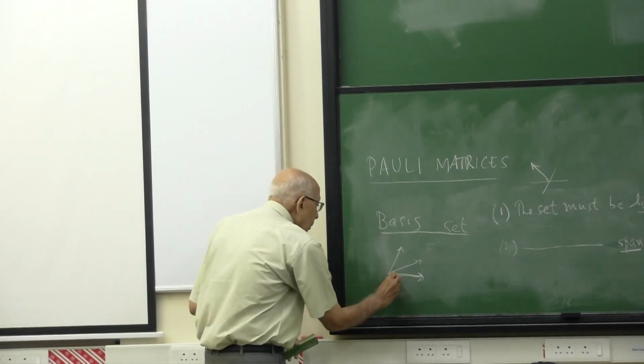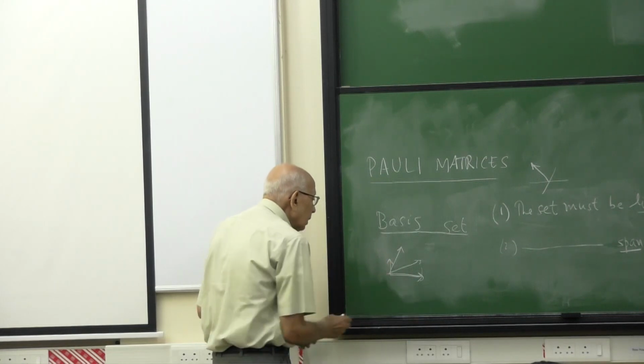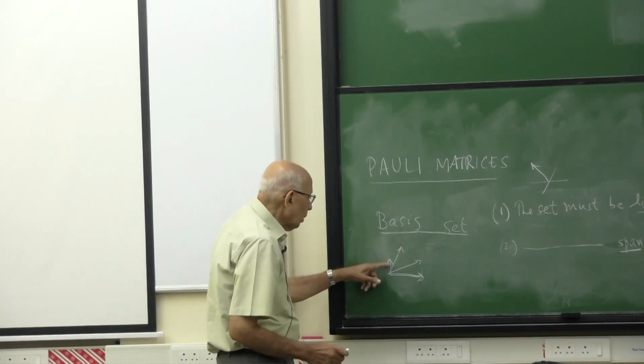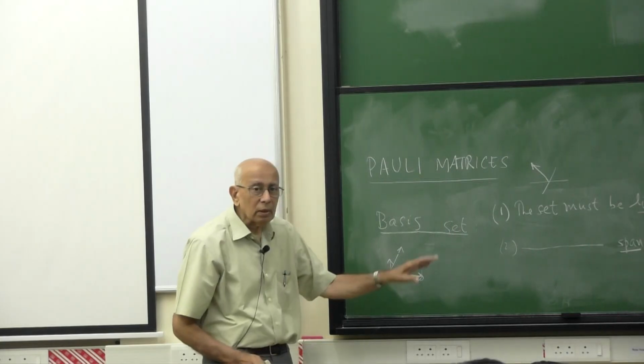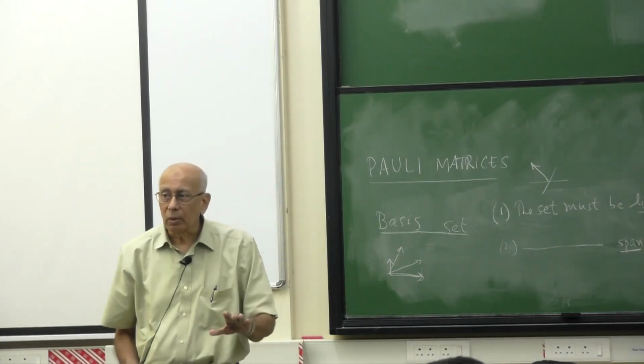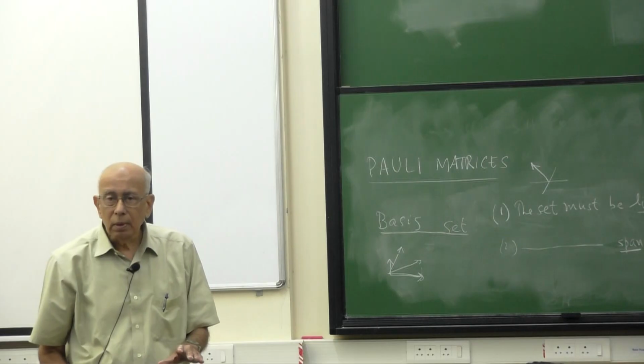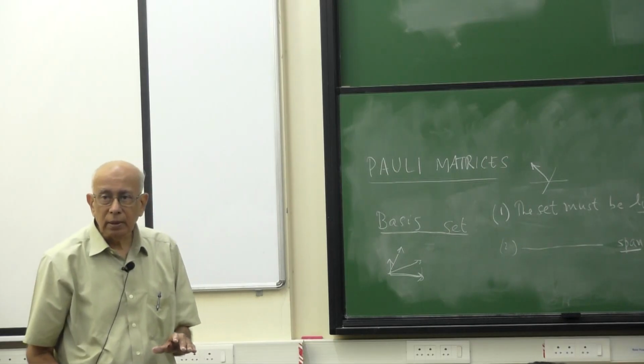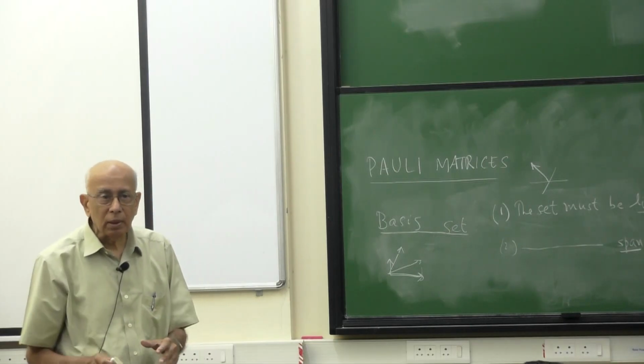Then I make this one perpendicular to this one. And then I take the third vector, project it along these 2 directions, subtract those vectors out and make it perpendicular to the remaining 2. It's called Gram-Schmidt orthonormalization. It's a big word for a very small, trivial concept.